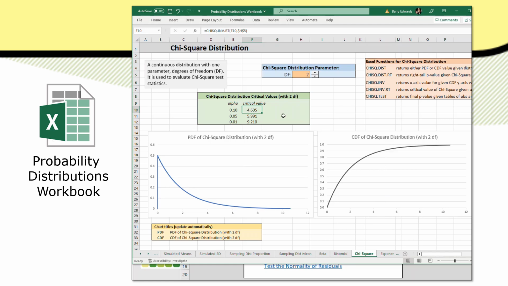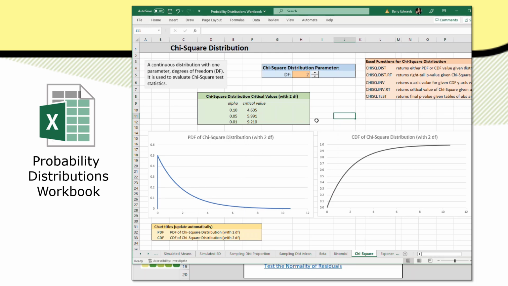And you'll see in the book that these values, the settings for the chi-square distribution, but also the critical values, are used to test hypotheses using a chi-square test. You can get a chi-square test statistic and you could compare it to the critical values to see whether that test statistic is something that you're likely to see from a chi-square distribution with 2 degrees of freedom.